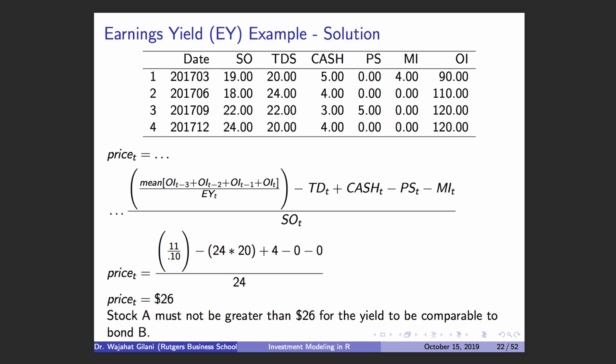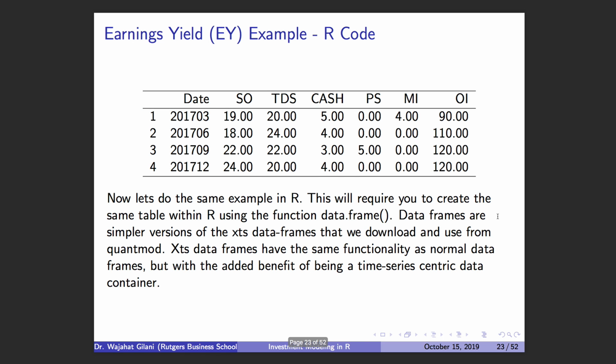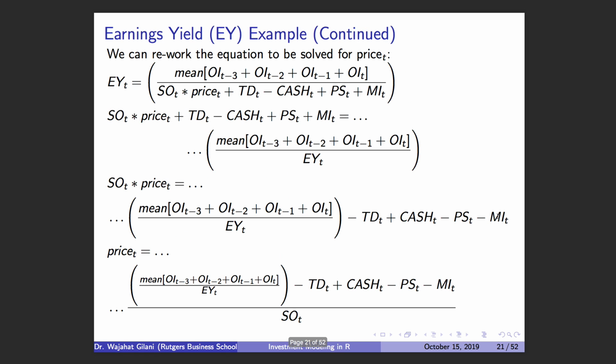It's not a fair price for me. If that stock goes below $26, that earnings yield goes above that 10% yield of the bond. Hey, that's a better deal. That's a better price for me. I'll buy it. That $26 now, that's our little benchmark. That's our number, right? And that's how we use earnings yield to basically back out these values.